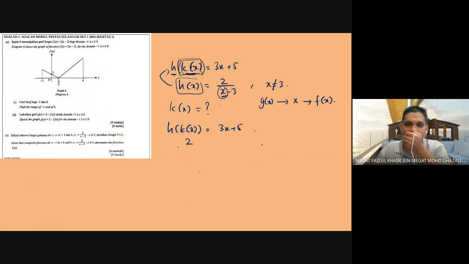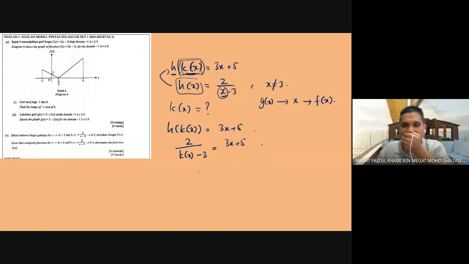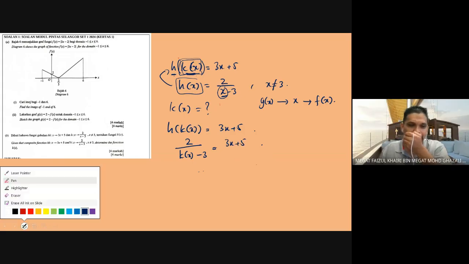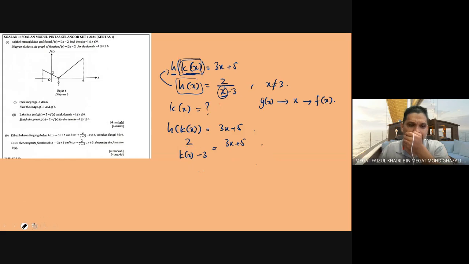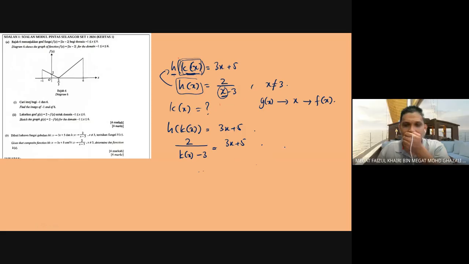Now, 2 divided by k(x) minus 3 equal to 3x plus 5. Okay, so now we are going to find out what is k(x).